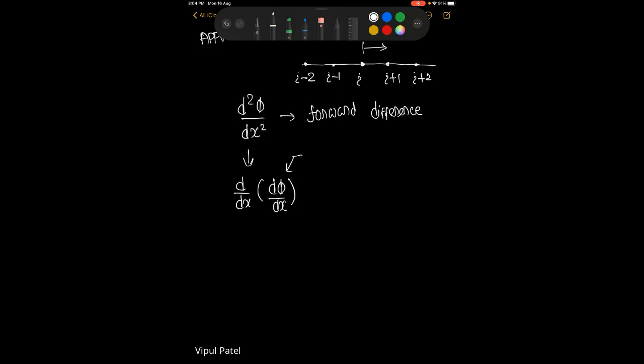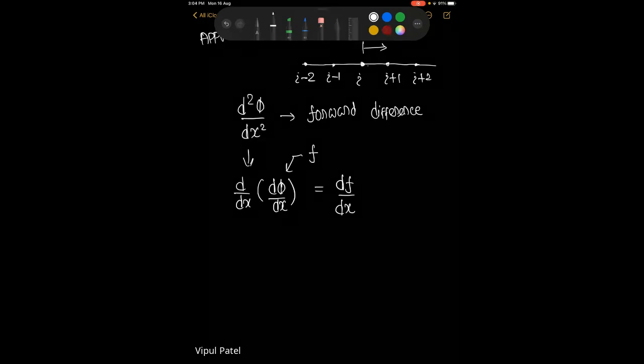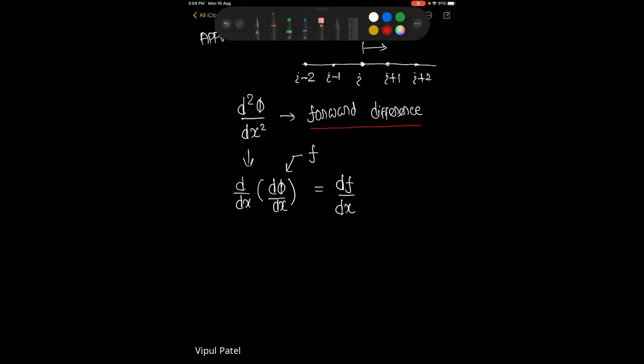If I call this d phi by dx some function f, then this is df by dx, which is a first order differential term. Now I want to express this term with forward difference approximation, at any node I, since the second order differentiation is at this particular node I.